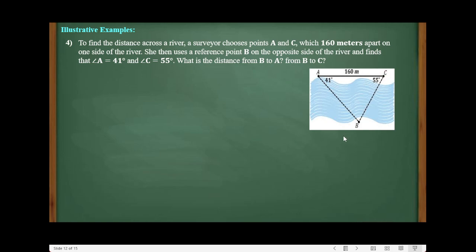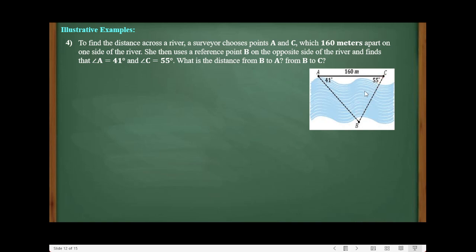Basically, this problem is similar to the one I discussed earlier about the airship that passes between the two stations A and B. Comparing it to the airship, this is like the airship, this is station A, and this is station B. The two broken line sides are the ones we're going to look for.